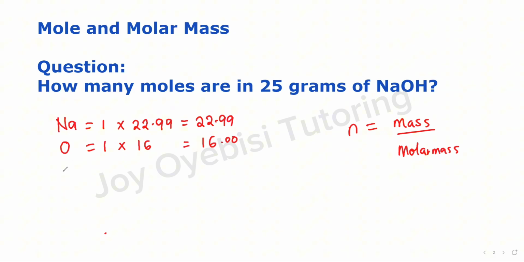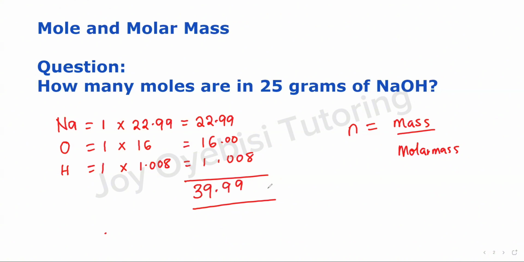The last one, hydrogen, you have only one as well. Multiply by the mass of hydrogen in the periodic table. So if we add all this up, that gives us molar mass. So this is going to be 39.998 grams per mole. So now we have the molar mass.